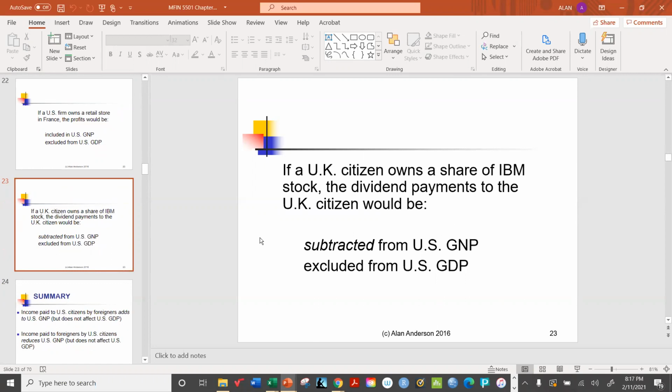A British citizen owns a share of IBM stock and receives dividends. Now that money flows out of the US into the UK, so it has to be subtracted from US GNP. And again, remember, GNP is something that counts the citizenship, but not the location. It reduces GNP, but does not affect GDP.